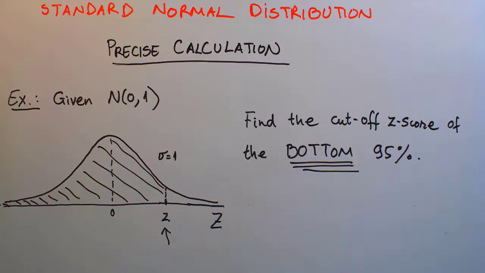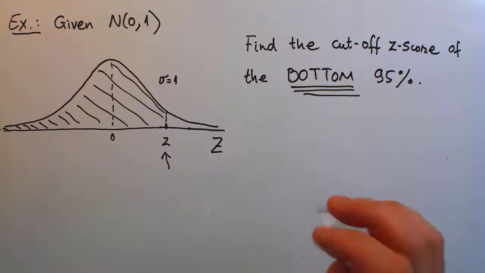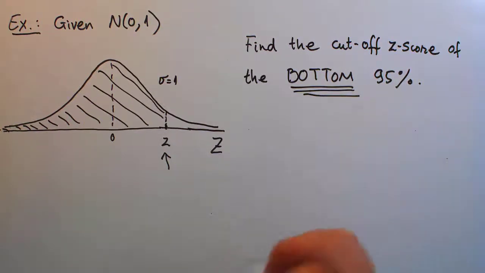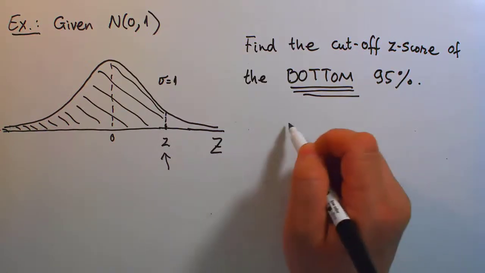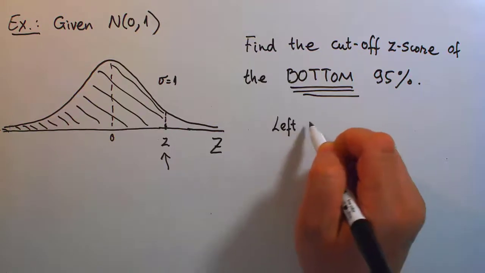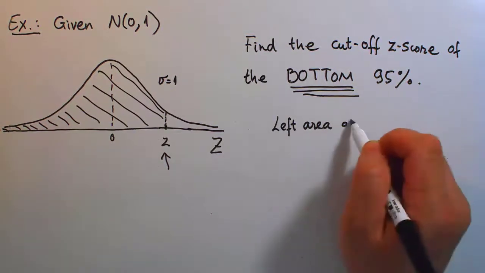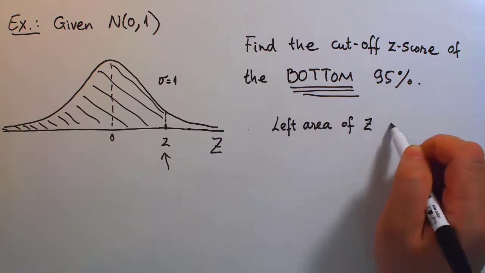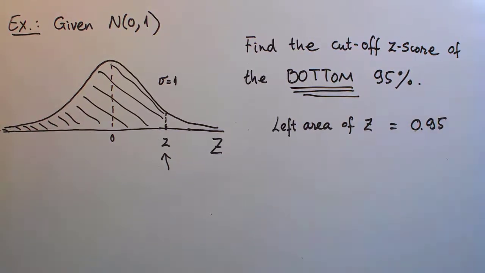So now, the further impact here is that this z being the cutoff of the bottom 95%, we have to understand that we already had the left area. So the area left of this unknown z right here has already been given, and in decimal, highly recommended, 0.95.